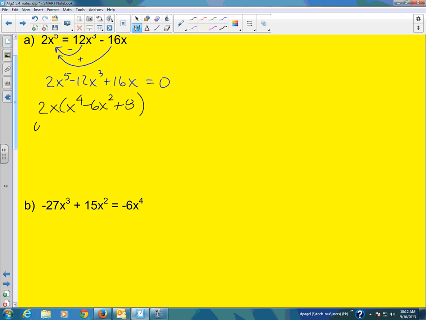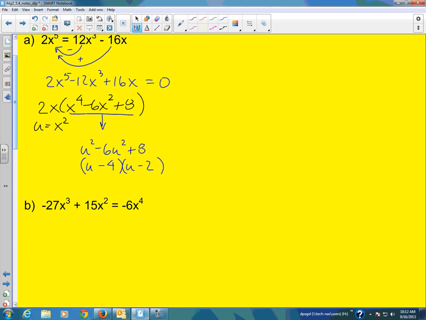All right, once again, u is equal to x squared, so we have, again, just working with the trinomial, we get a u squared minus 6u plus 8. This will then factor u minus 4, u minus 2.